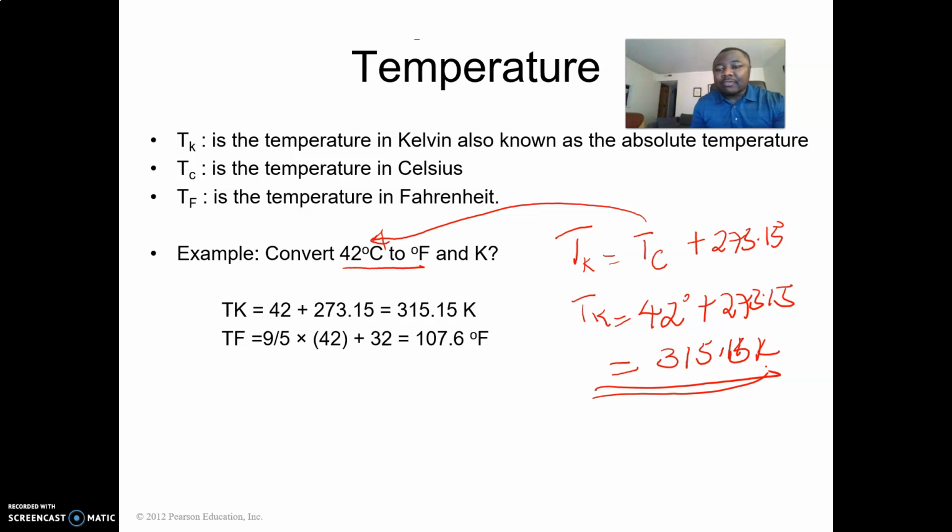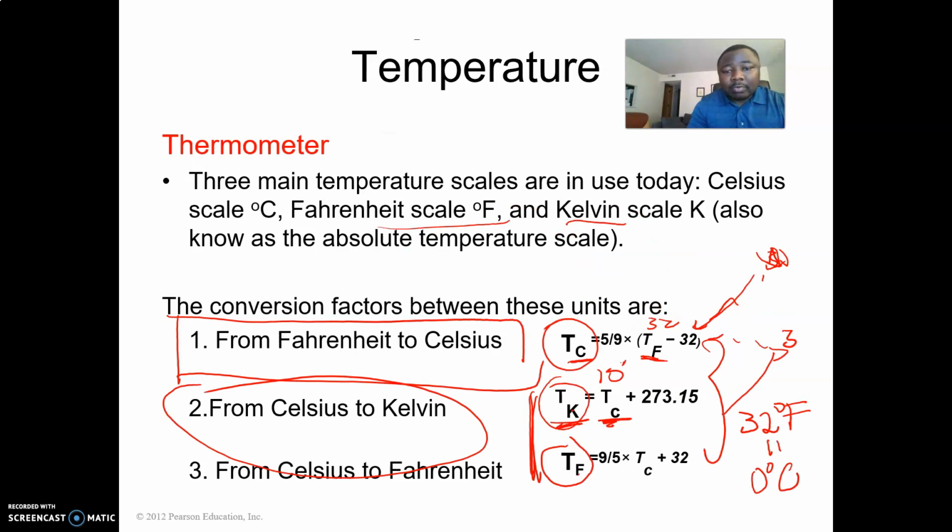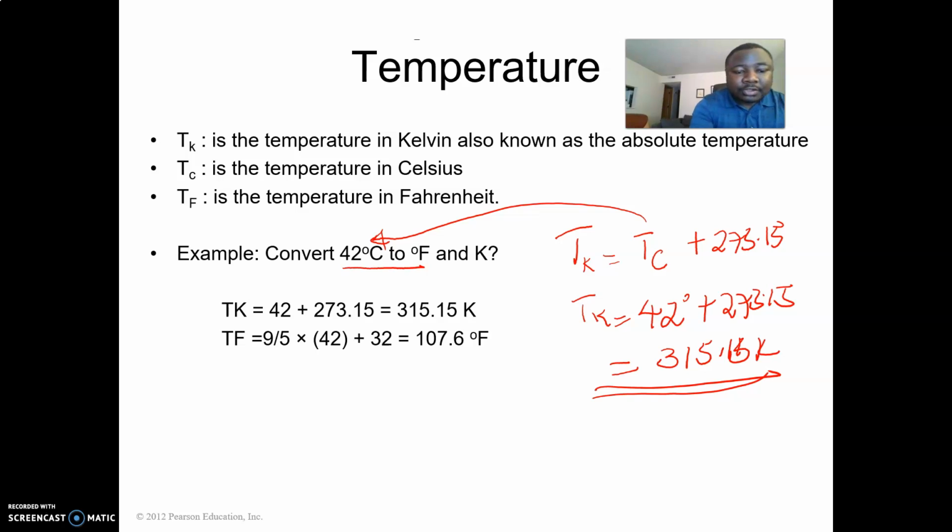Now let's also convert that same temperature to Fahrenheit. You go back to the formula, and you see that to convert to Fahrenheit, it will be 9 over 5 times Tc plus 32. So degrees Fahrenheit will be 9 over 5 times the temperature in Celsius plus 32.